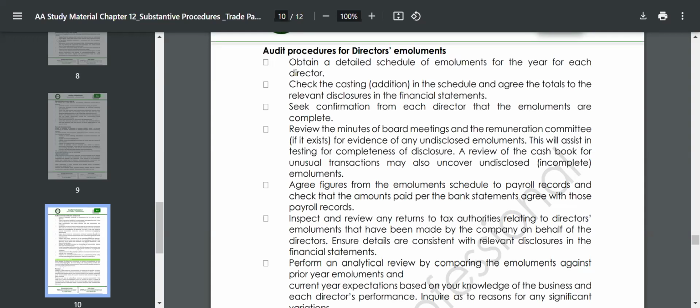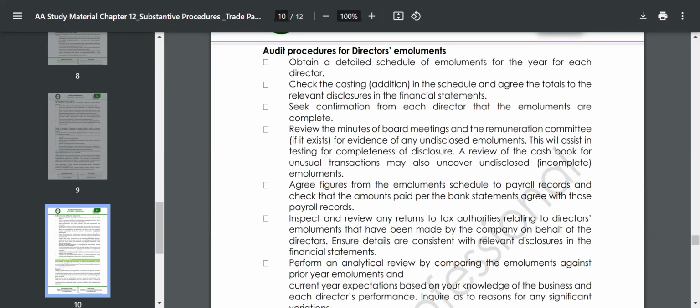So the first thing is obtaining a detailed schedule of emoluments for the year for each director. And like I said, accounting is about accuracy and correct calculations, so you now do what we call casting. From the schedule you've obtained, you check whether the total declared in the financial statement matches what each director should get.